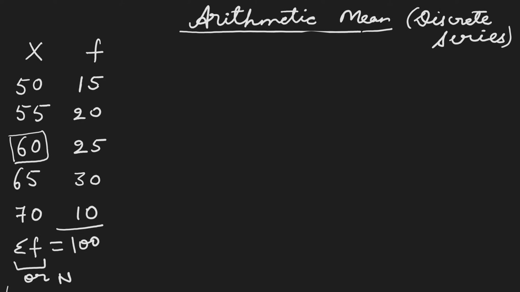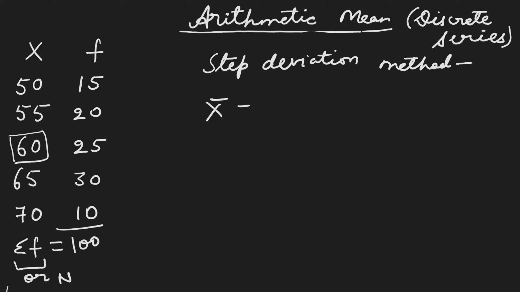The formula for the step deviation method is x bar is equal to A plus summation f d dash upon summation f, into c. Summation f is equal to n, both are the same thing.